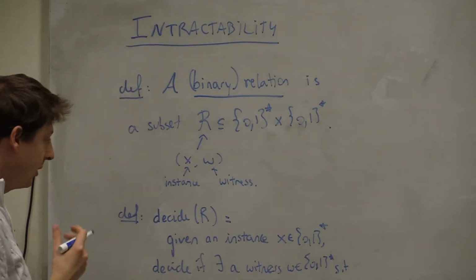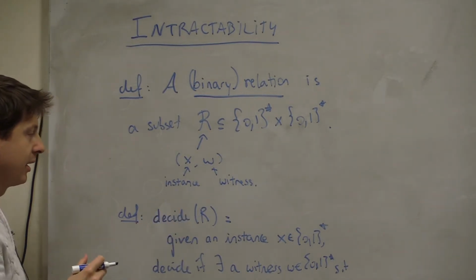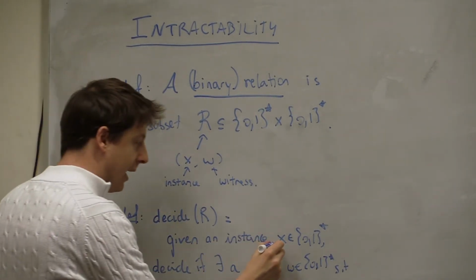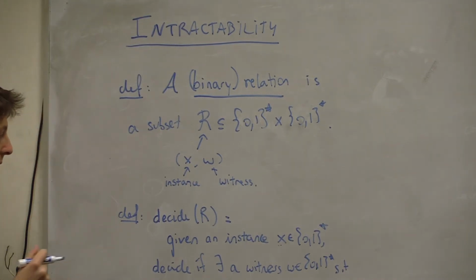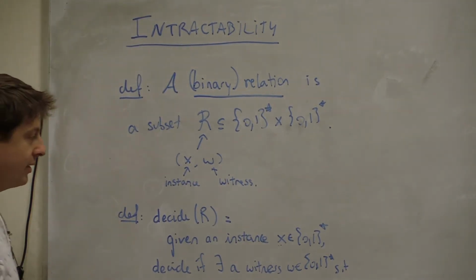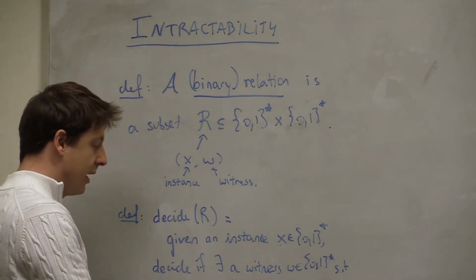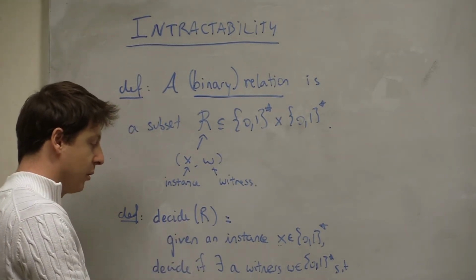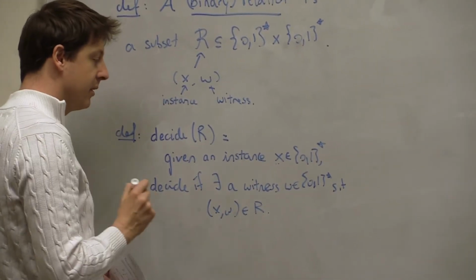So the computational problem Decide R has input x, and what you're asked to do is output yes or no, depending upon whether there is a w such that the particular instance x that was received as input, comma w, is in the relation R.